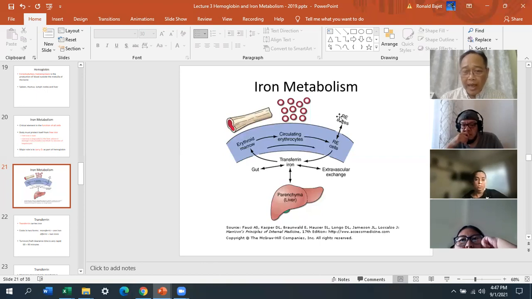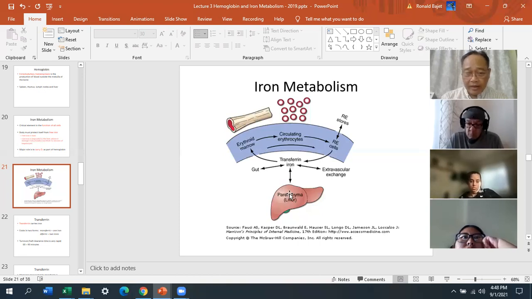This is where iron will be stored. It'll take iron from the stores whenever there's a need, and the need depends on the marrow saying, I need more iron. The transferrin will take iron from reticuloendothelial stores and transfer it over to the erythroid marrow. Now, this is not the only place where iron is needed.